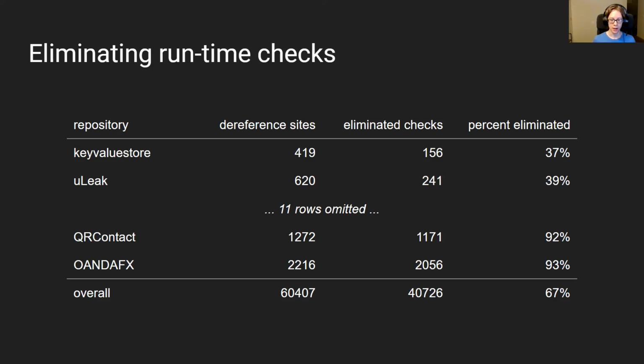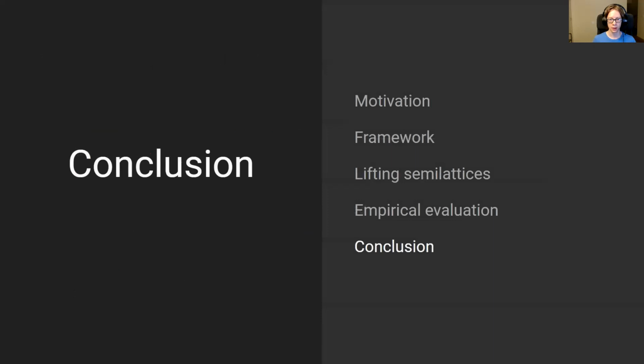It turns out that our tool can eliminate about 67% of possible null dereference sites in the repositories that we analyzed. Again, this doesn't translate directly to performance, but it is interesting that our tool can serve both as a practical tool to eliminate false positives and as a sound tool to find unnecessary runtime checks.